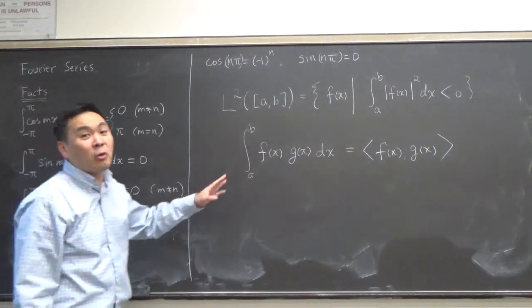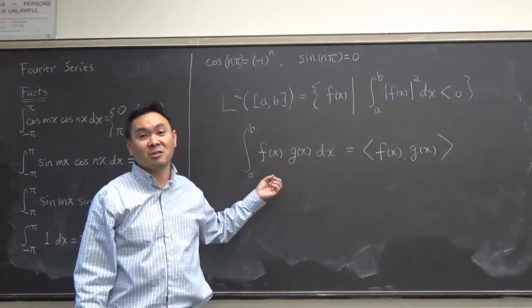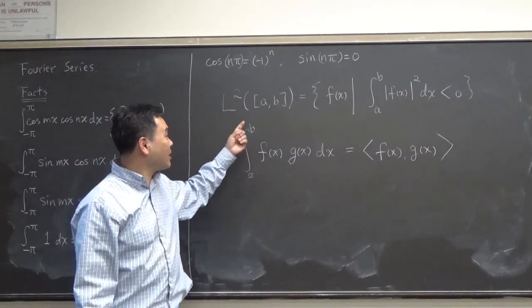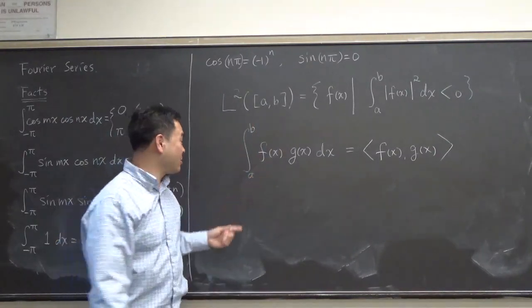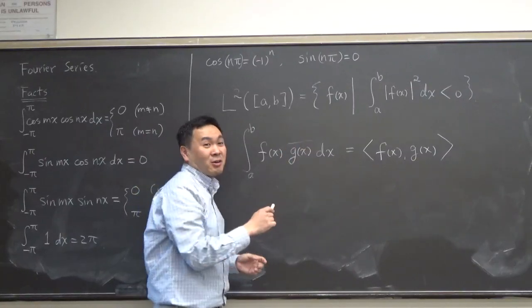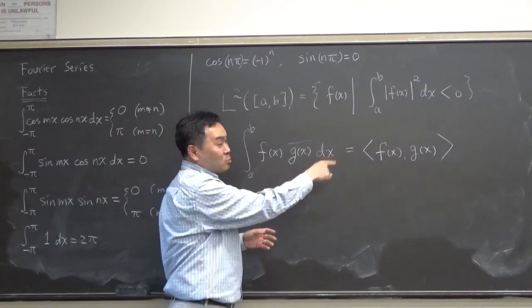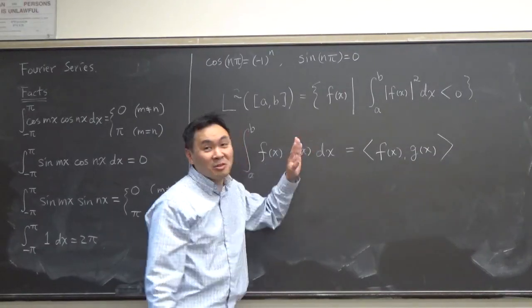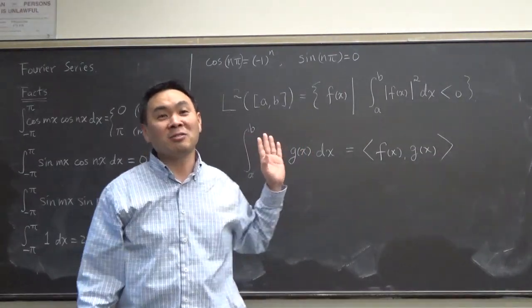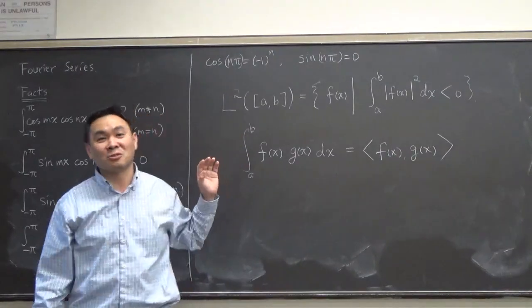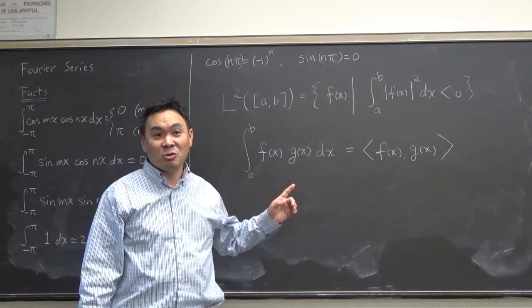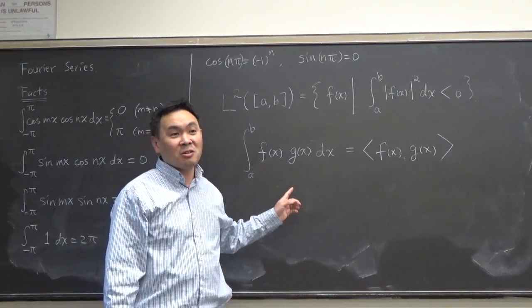This will satisfy all the axioms of an inner product on the real space. If you let these functions be complex valued, you have to put a bar in there, and then the right side will be something called a Hermitian inner product. Now, none of what I said would make sense if you haven't taken abstract linear algebra. So that's that, okay? But you did learn something similar.